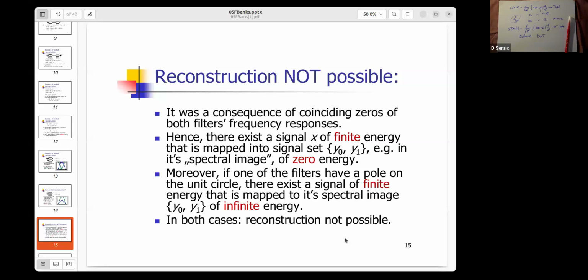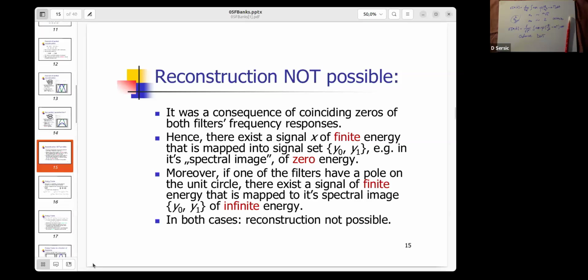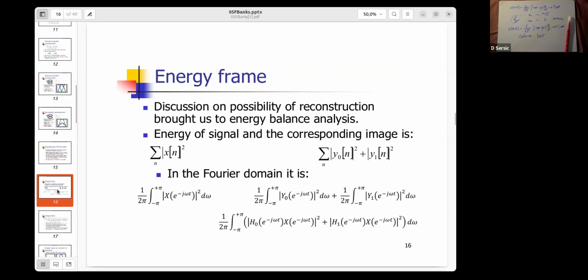In that case, a finite energy signal will be transformed into an infinite energy image, and in both cases, reconstruction is not possible. Such a simple thing brings us to the theory of frames. We were just mentioning that there exists some kind of frame theory. We will not go into the details, but we can take a look.